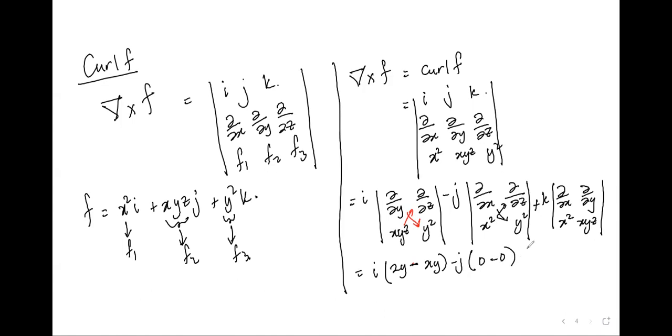And then plus k: the partial derivative with respect to x of xyz, when you differentiate x you get 1 and yz is left, and the partial derivative with respect to y of x squared is 0. Therefore, it's going to be 2y minus xy i, there's no j, and plus yz k.